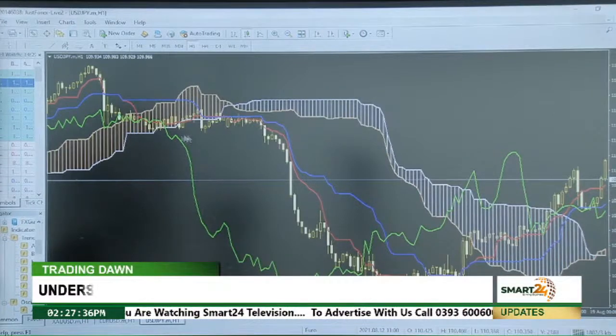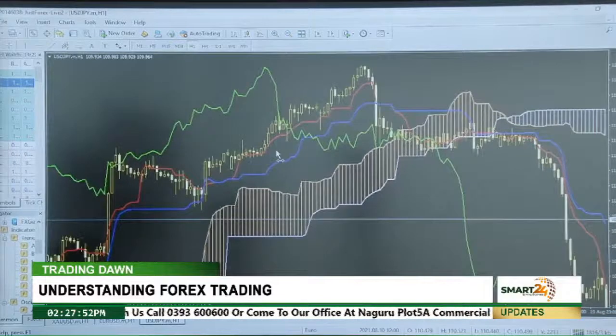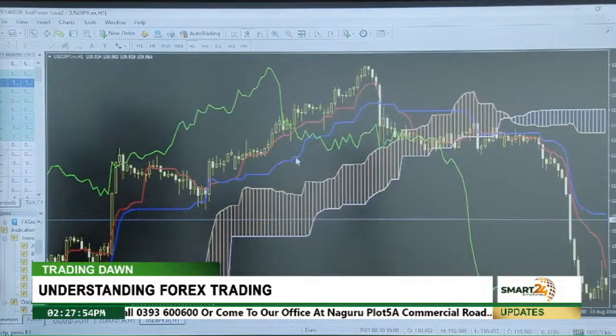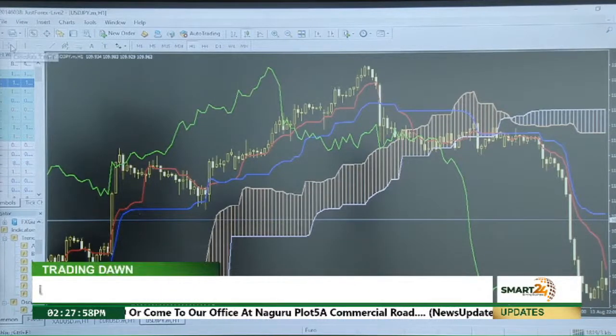So at this point you have your confirmation with the cloud and with these other two lines here. Then this one, 26 periods behind, will also give you that signal. That is something to clearly watch out for.